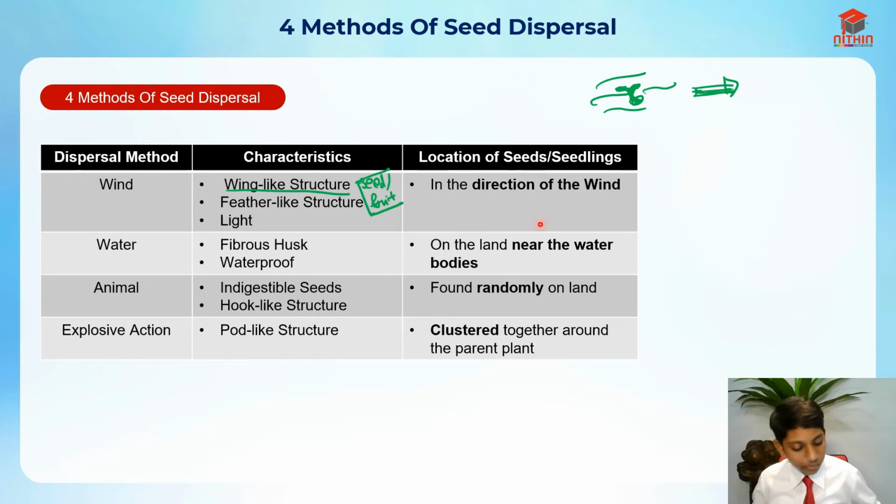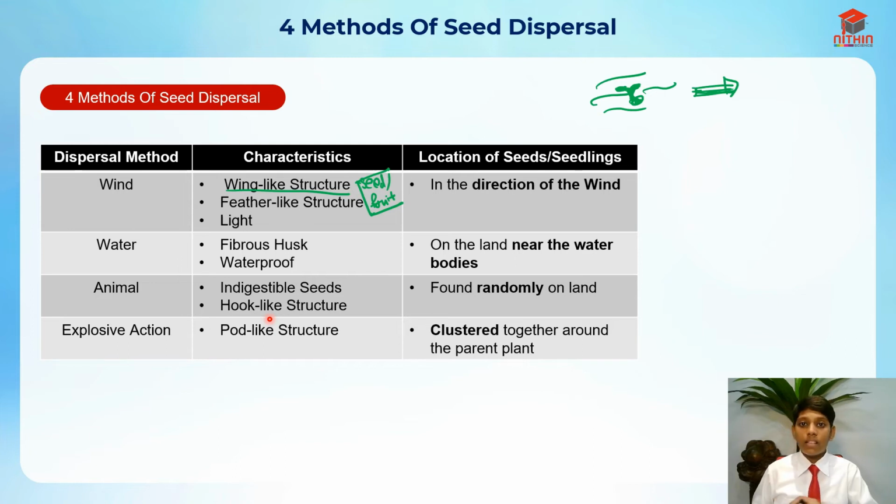So next, for a water dispersed seed or fruit, basically it needs to have a fibrous husk and be waterproof. So the fibrous husk actually traps air, okay, and that helps it to float. As you know, if you turn over a cup and push it into water, you can see many air bubbles coming up, and that's because air is less dense than water, and that's why it floats.